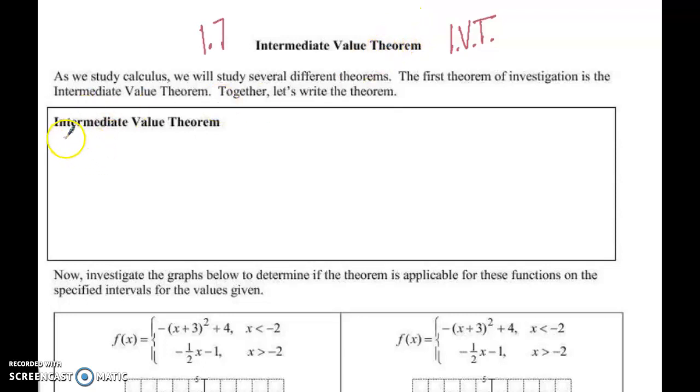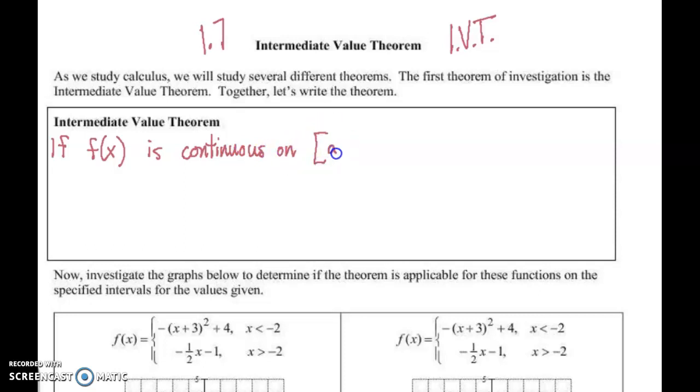Now, there's a couple things that need to be stated before going through what it really means. Anytime IVT applies, if some function is continuous, that's why we did the lesson on continuity, on some interval.